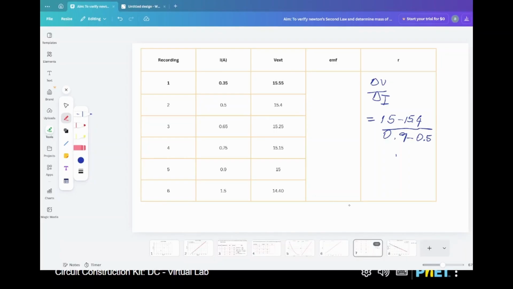So then the difference is 15 minus 15.4, that's 0.4, and 0.9 minus 0.5, that gives me 0.4. So then V over I has units of ohms. So this is my internal resistance.